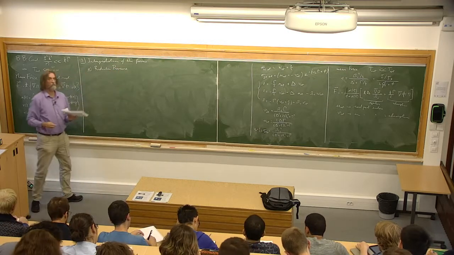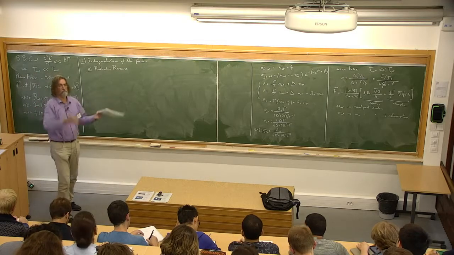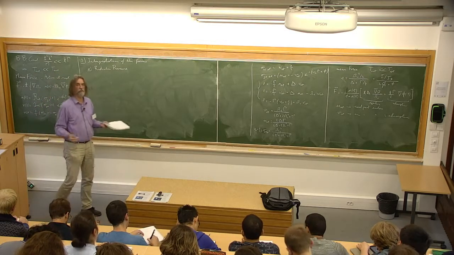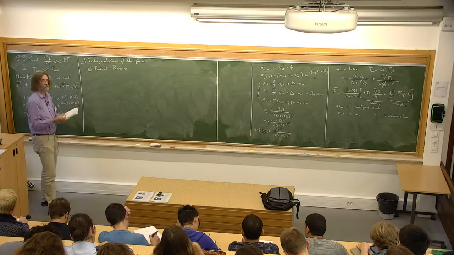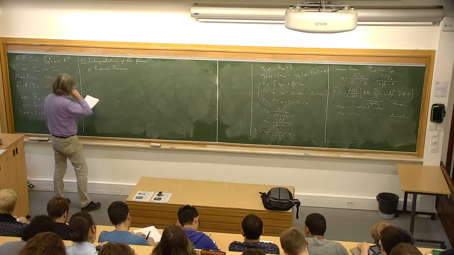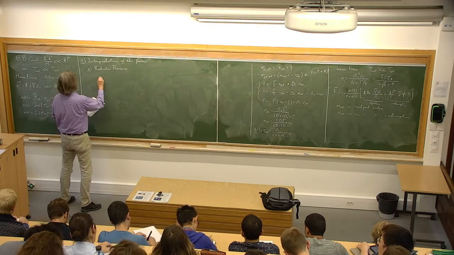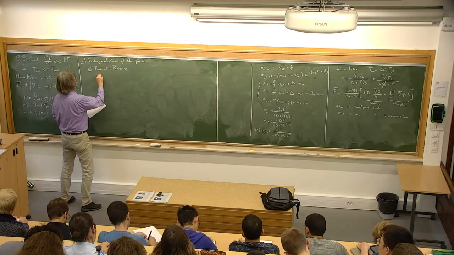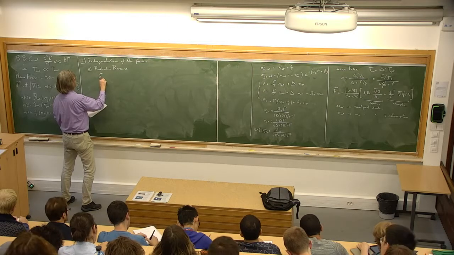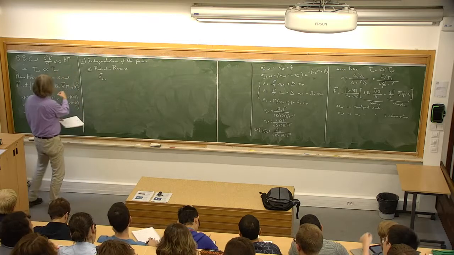And this one is the one which is easy. You just take hand-waving arguments and it comes out. The other one is more subtle. So this is the dissipative part, which comes from the gradient.